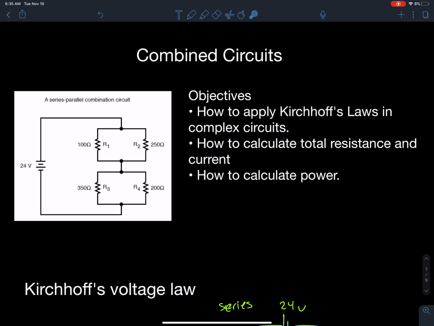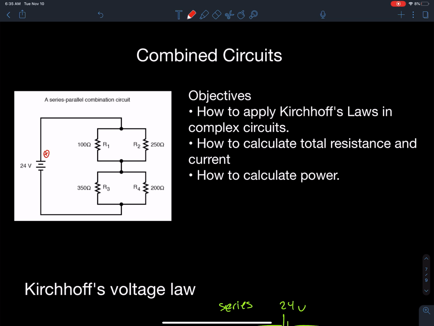So before starting, where could a positive charge go when it goes through this circuit? Well, it has four different paths it can take. It can go like that. It can go like that. It can go like that.